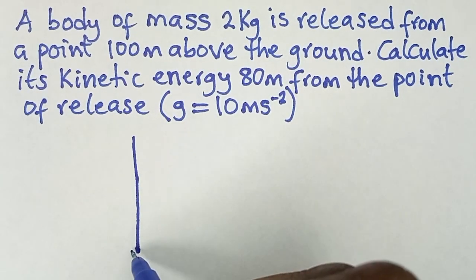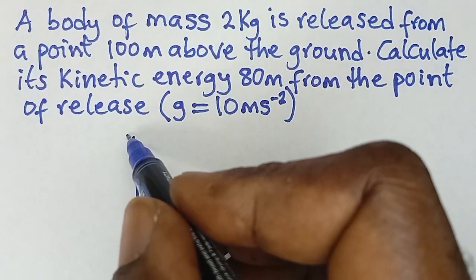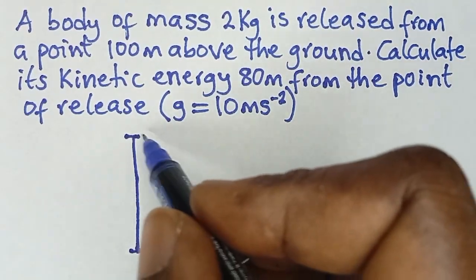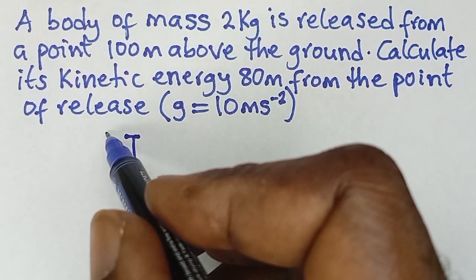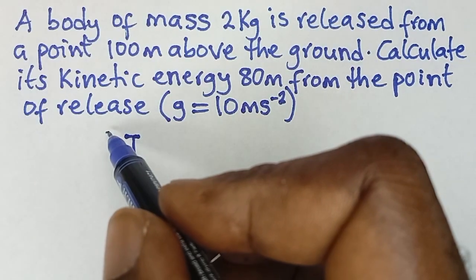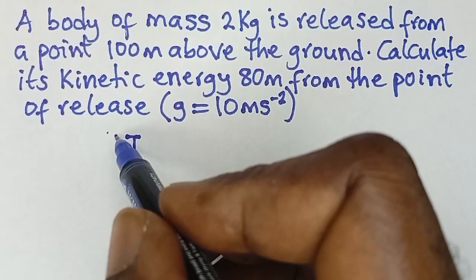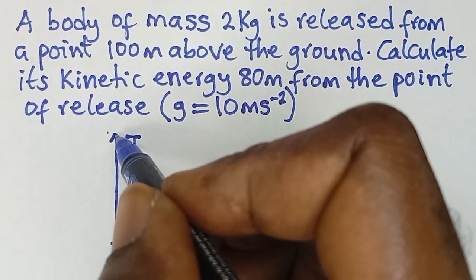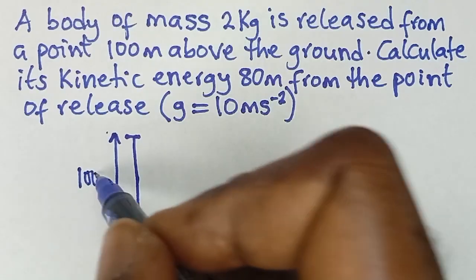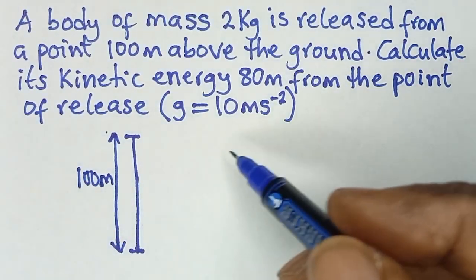And then this is the bottom. So the object is released from this top, which is, let's say, 100 meter. So let me say from here to here is 100 meter. So that is the point of release.